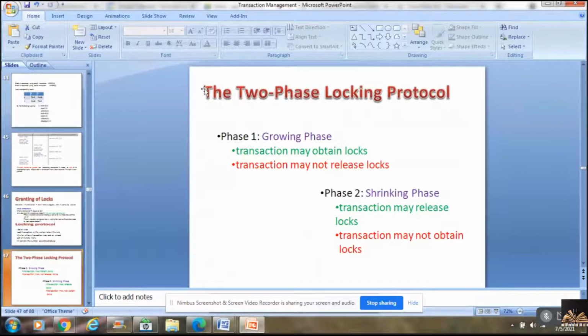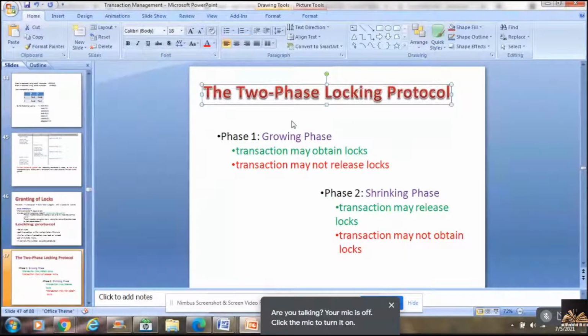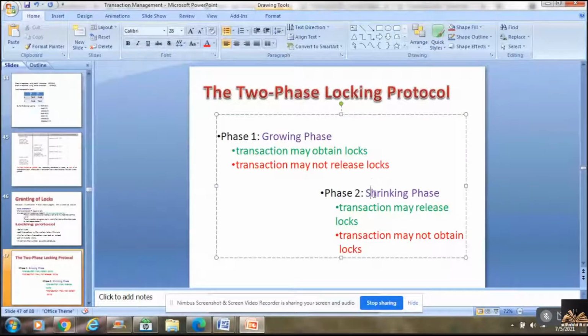Now going with the next one, after the simple locking mechanism, we discussed the two-phase locking protocol. This consists of a growing phase as well as a shrinking phase. In the growing phase, the transaction may only acquire locks. So whatever locks are required by a particular transaction are obtained.